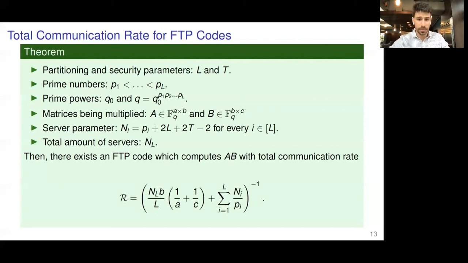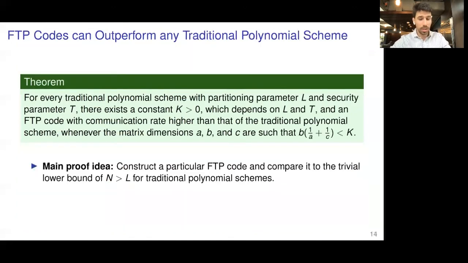Note that the first part of this expression depends on B and is related to the upload costs, while the second part does not depend on that. So the question right now is, are there parameters L and T, or sizes of matrices, that make this total communication rate better than the traditional codes?